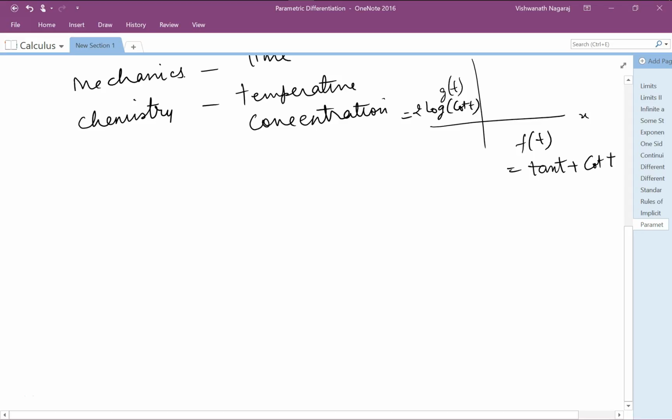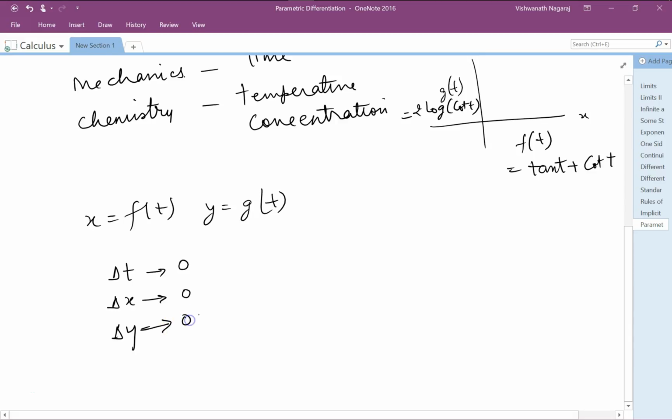let's see how to find the derivative of this. So x is equal to f of t, y is equal to g of t. As usual, let's say delta t is a small change in t, which we make smaller and smaller. That means delta t tends to 0. So if delta t tends to 0, delta x tends to 0 and delta y tends to 0.